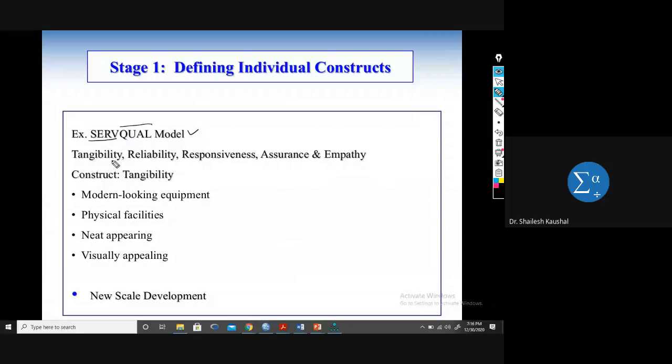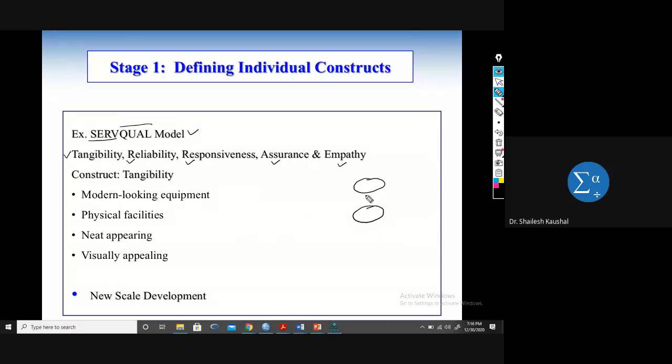If you want to know the service quality of a particular organization, there are 5 constructs: tangibility, reliability, responsiveness, assurance, and empathy.